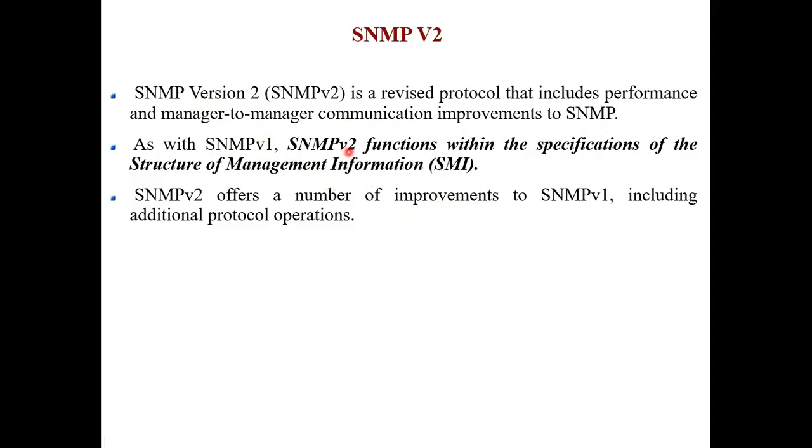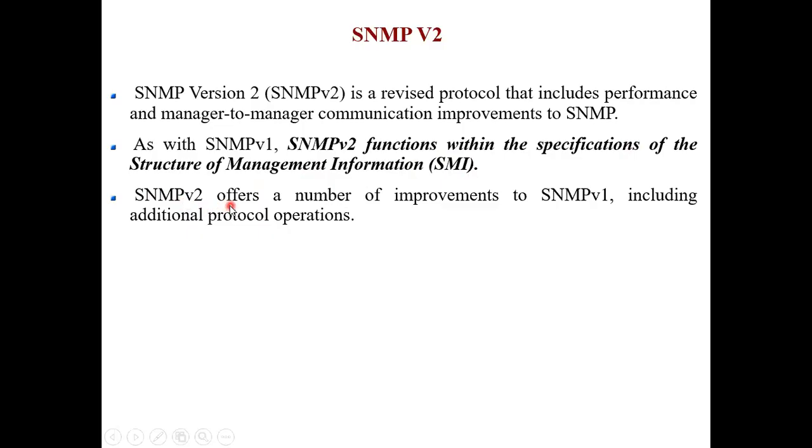When we went to version 2, where performance was improving and manager to manager communication was also there, was my SMI structure totally changed? No, it is working within the specification of SMI.